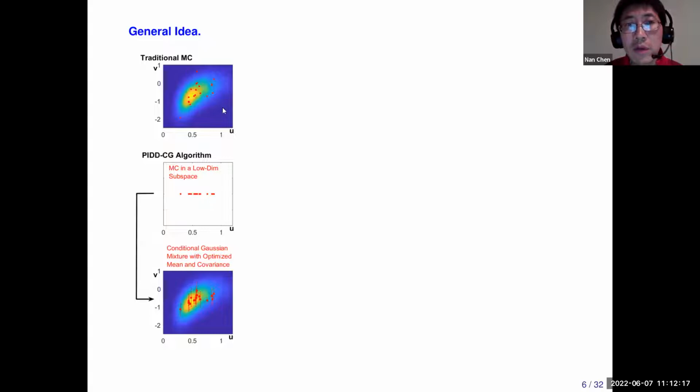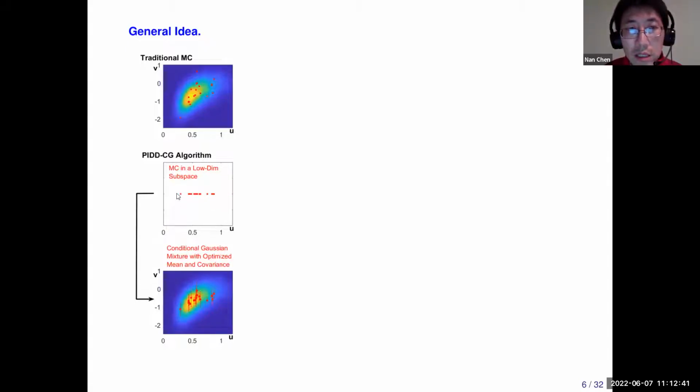Of course, here I have only a two-dimensional system, so I can only say we do Monte Carlo simulation in one dimension. I will discuss the details, but the idea is we don't do the Monte Carlo simulation for the high-dimensional system, but only within a subspace. Then the next step is to explore the so-called conditional Gaussian mixture structure.